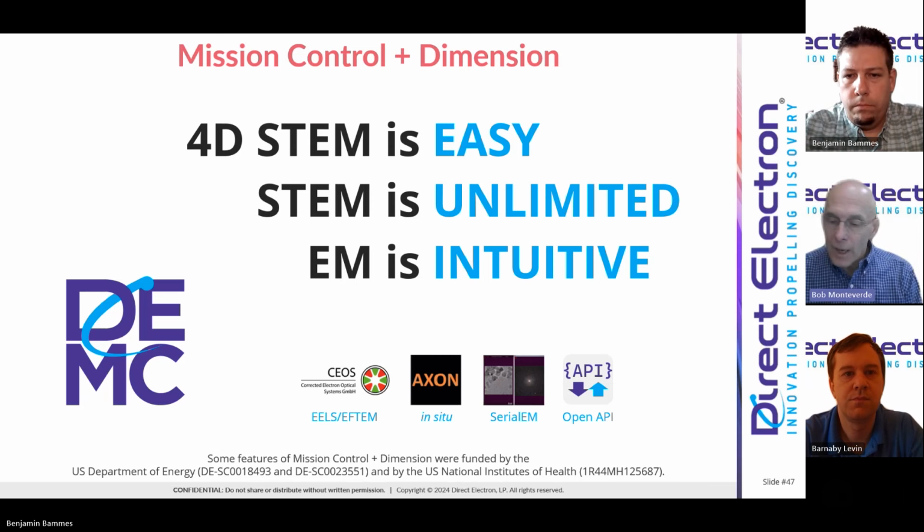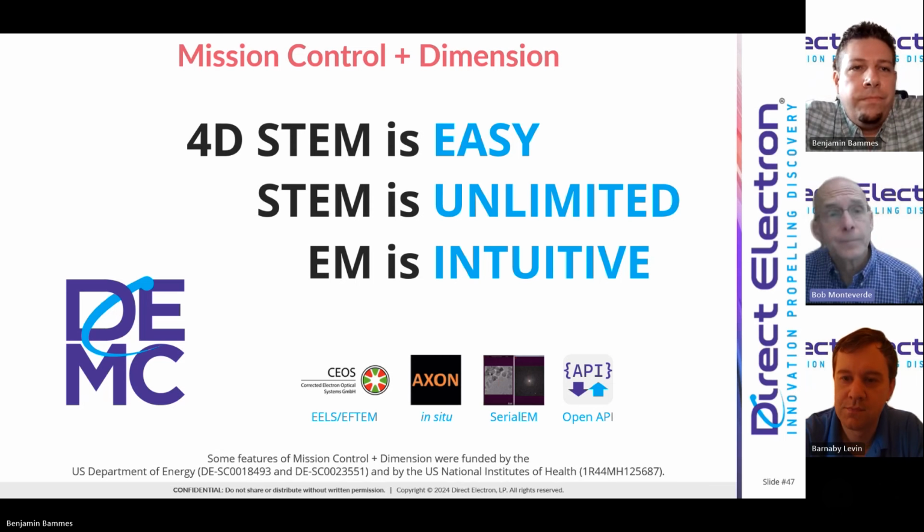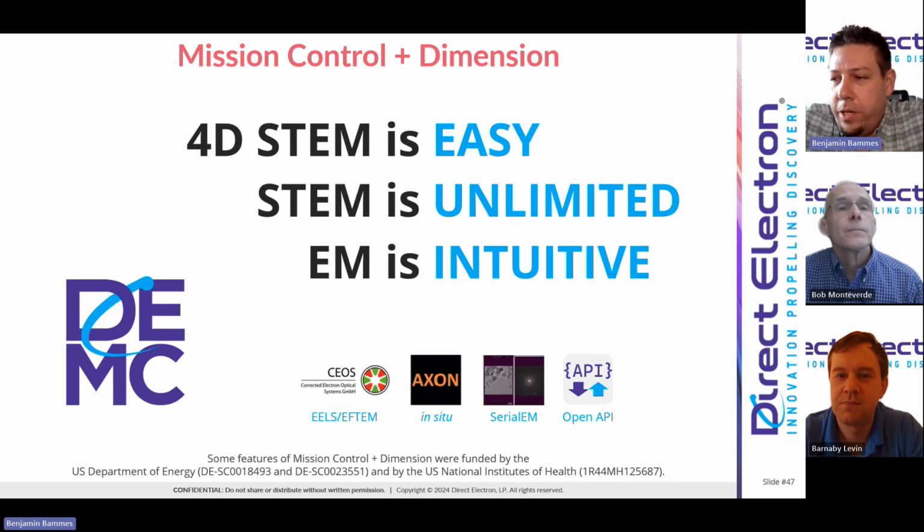I'll go ahead and ask a question that may be on some people's mind, which is for users that already have a camera from Direct Electron, maybe a DE64 or DE16, will they be able to upgrade their system to Mission Control and Dimension? Yes, that's a great question.